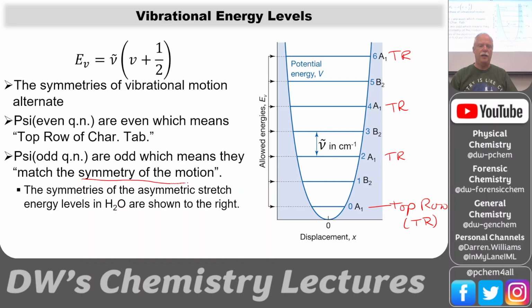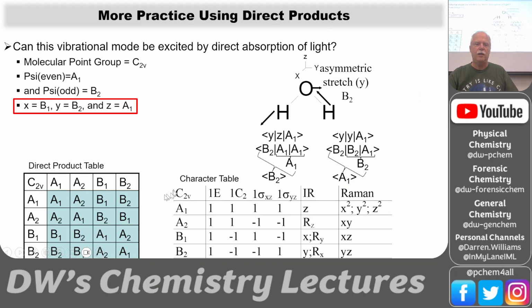So if we're looking at the asymmetric stretch for water, that's this one where the hydrogens and the oxygens are stretching asymmetrically, then that's a transition in the y direction, and y is B2. So we would ask what kind of light allows this transition. So it's very similar to what we did with rotation. Set all these up, and we end up with, for Z polarized light, B2, which is equal to 0. For Y polarized light, we end up with A1, which is not equal to 0. So this one is allowed.